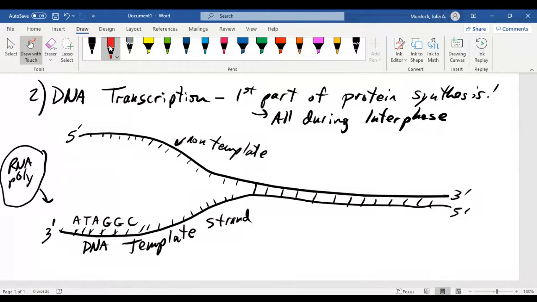The RNA nucleotides, remember, are going to be a little bit different. There are going to be A's, there are going to be G's, C's and there's going to be U's.